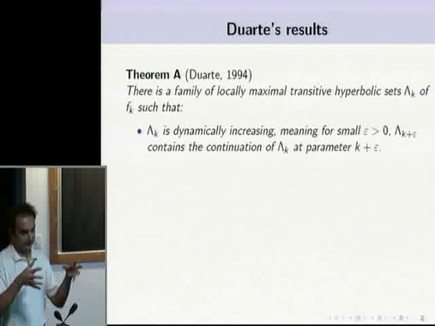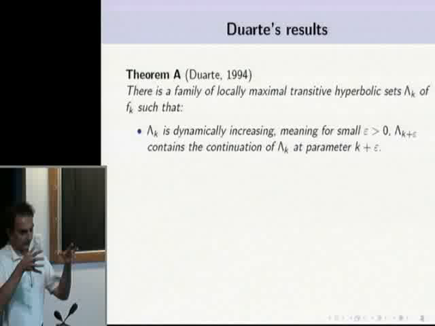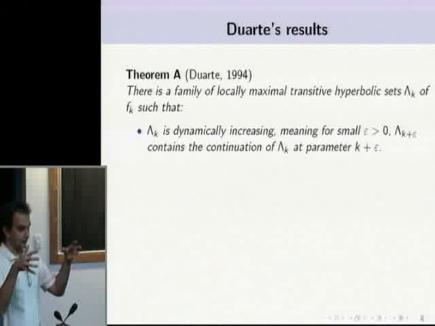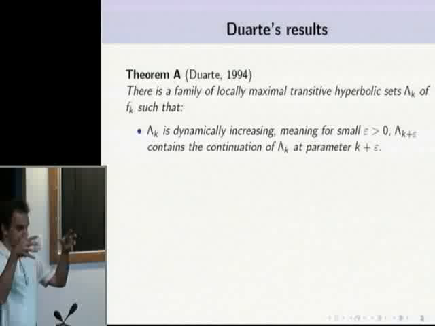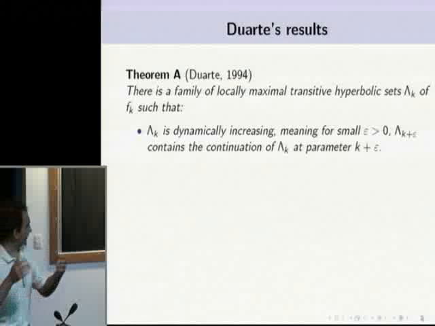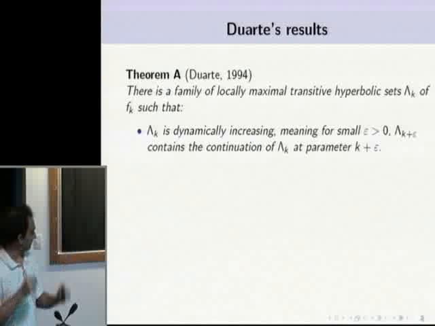So if you increase the parameter in the standard family and consider that natural continuation, the horseshoe from that family will be a little bit bigger. Then you continue for a parameter a little bit further, you consider the continuation, but actually there is a horseshoe which is a little bit bigger that contains that continuation, and so on. So that family is dynamically increasing.